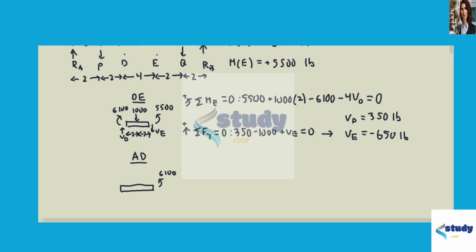We're going to have our shear at D, 350. And we're going to have our reaction at A, and our resultant of 1,000, and we'll also have our unknown of P here.